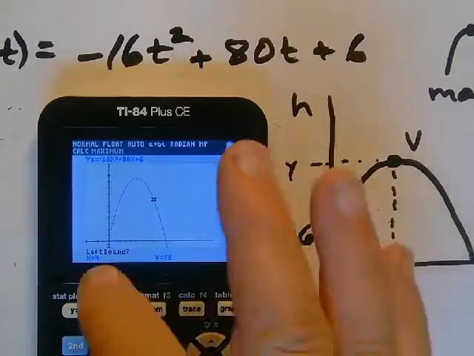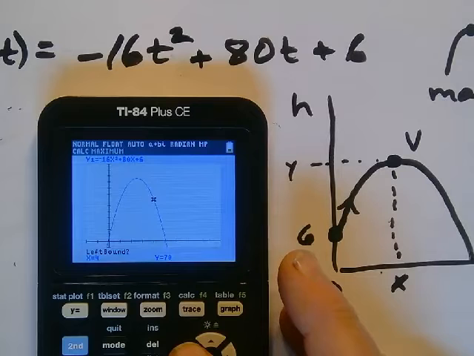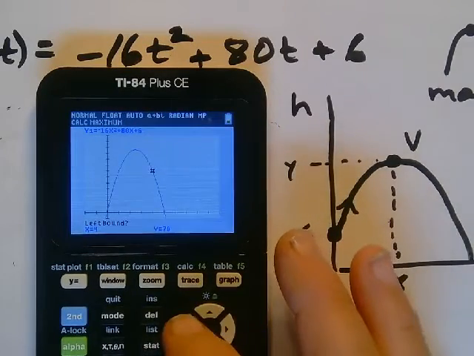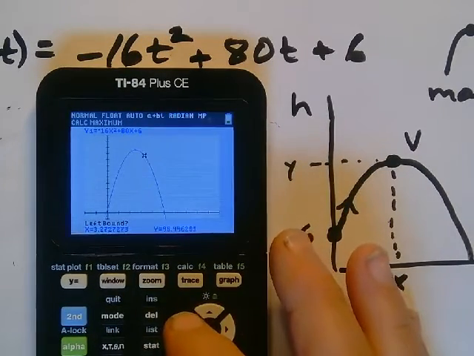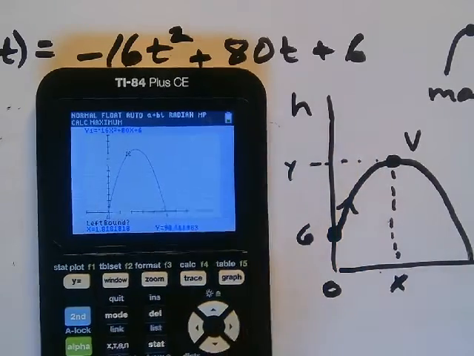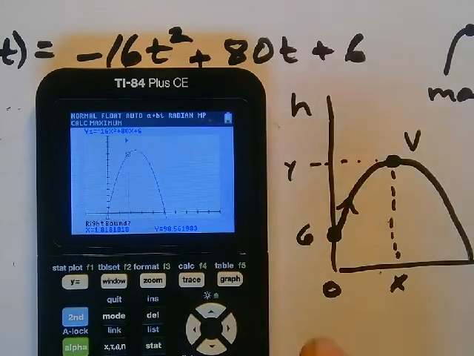And then it's asking us questions at the bottom, and so we're going to follow those questions. Left bound, in other words, I want to take my cursor, and I'm using my arrows here to move the cursor to the left of the vertex. So there it's now just to the left, anywhere to the left of it, okay. And then I'm going to hit enter, and now it's asking me for the right bound.